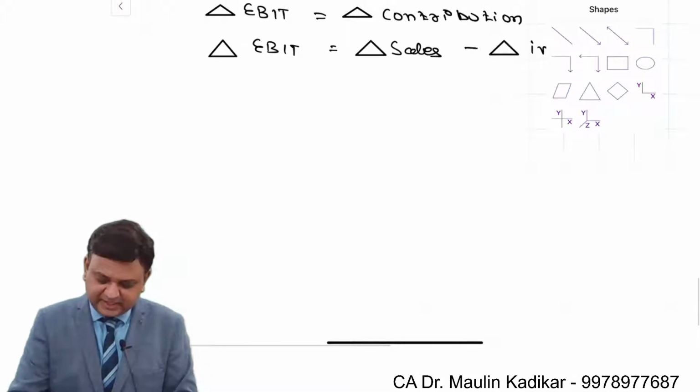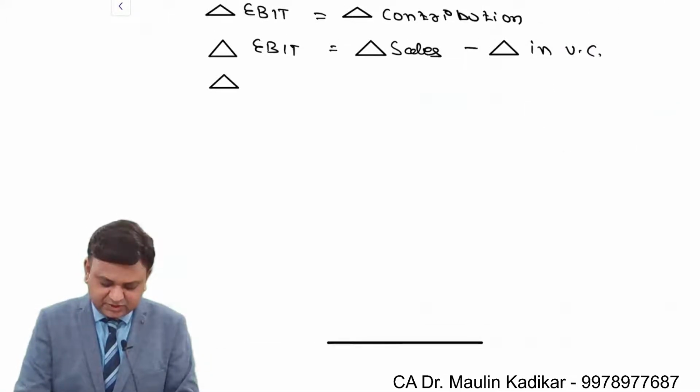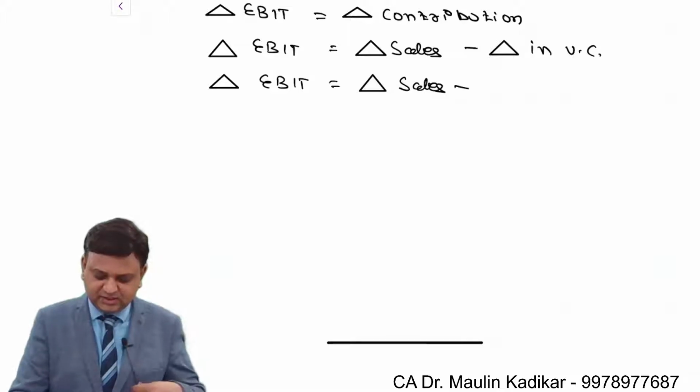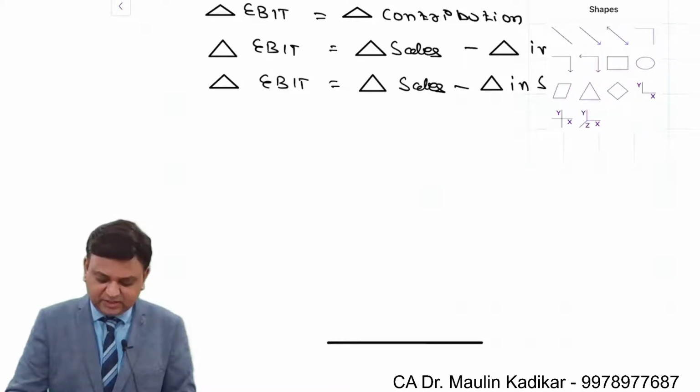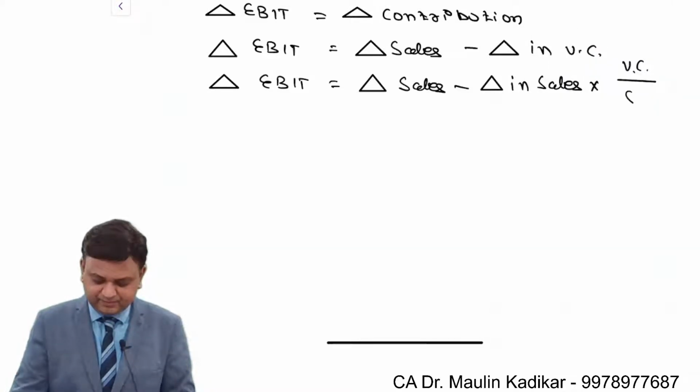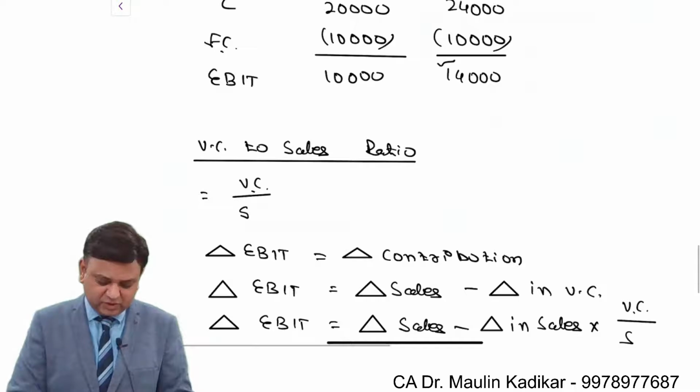Further, change in EBIT is equal to change in sales minus change in variable cost, and change in variable cost is change in sales into variable cost upon sales, that is the variable cost to sales ratio.